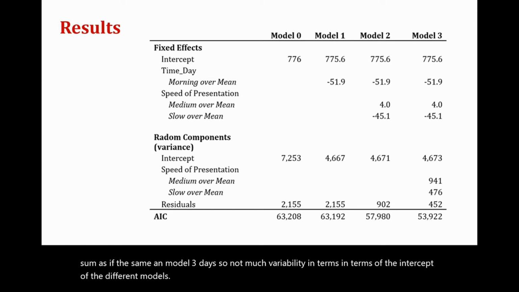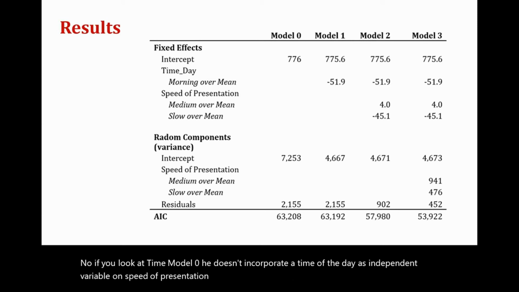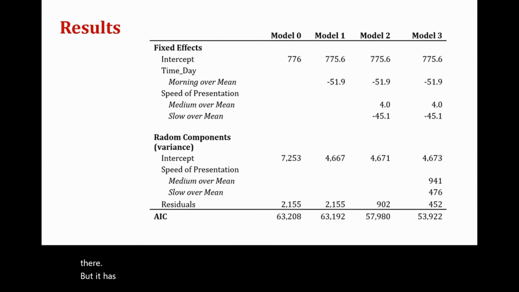Now, model 0 doesn't incorporate time of the day or speed of presentation as independent variables, so there are no fixed effects there. But it has a random component, which is the intercept, and this value, 7,253, is the variance.